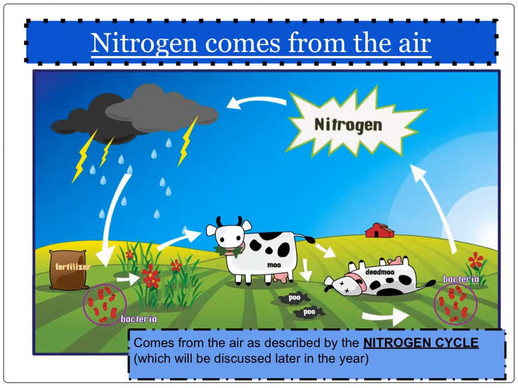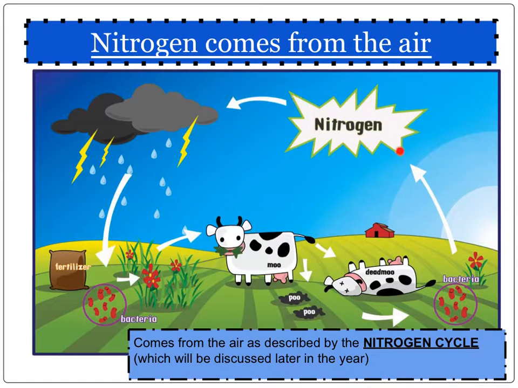So how does the nitrogen get into the plant so it can then be used to build nucleic acids? Well, you have to refer to the nitrogen cycle. The nitrogen cycle is something we will discuss later in the year, but essentially, nitrogen is not useful as a gas.